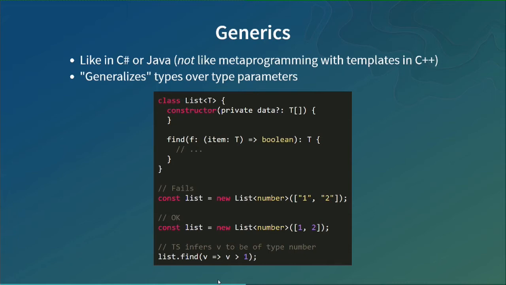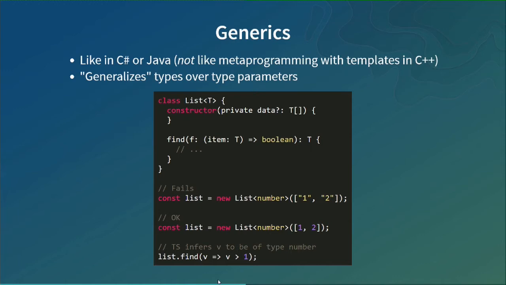But the idea is that it generalizes a type over a number of subtypes, and a common case is just having one subtype. A simple example is this List class. I can specialize it with a specific type. That means inside that list, I can now store items of that type. I didn't really specify what type it is, I just say it can be a type, right?